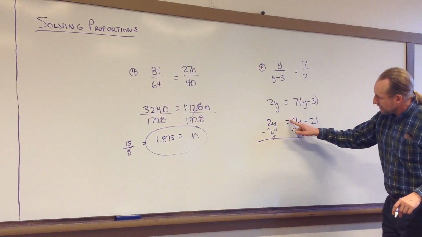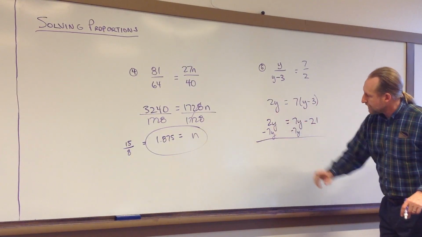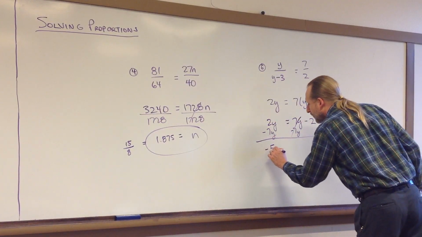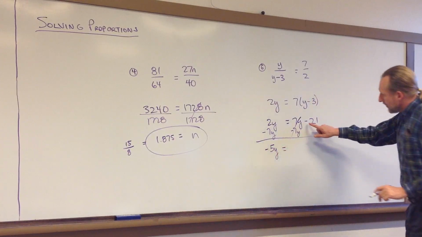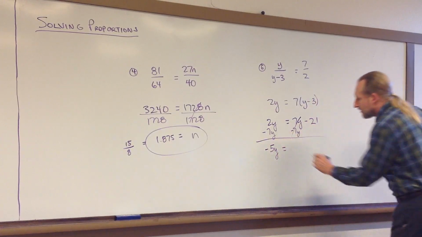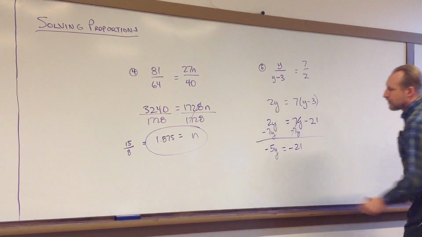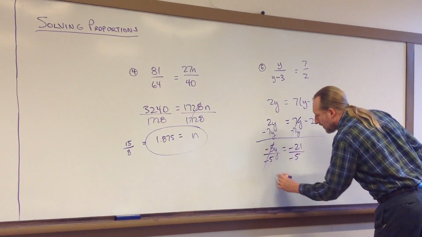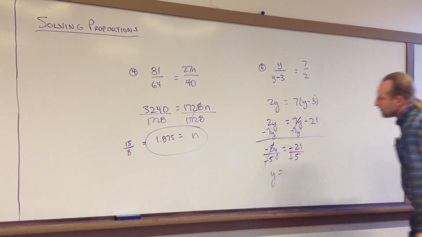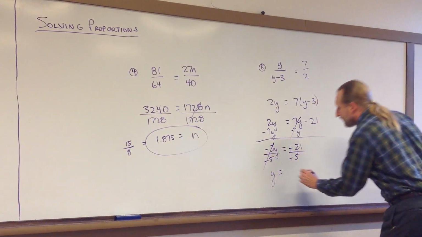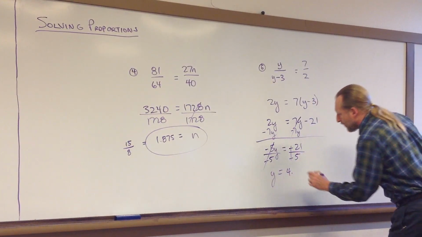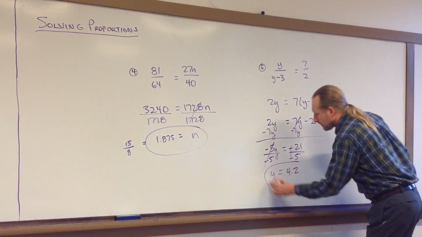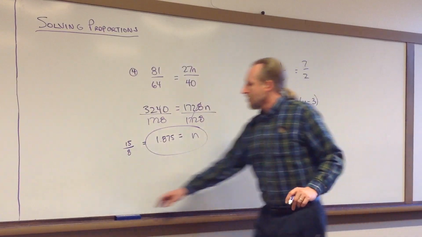Because this is a positive 7y. If we want to move it to the other side, we have to do the opposite, negative 7y. Over here we'll get minus 5y. Don't lose this negative sign that's attached to the 21. Negative 21. Now, divide on both sides by negative 5, and y is going to be equal to 4.25. 4 and 1/5.